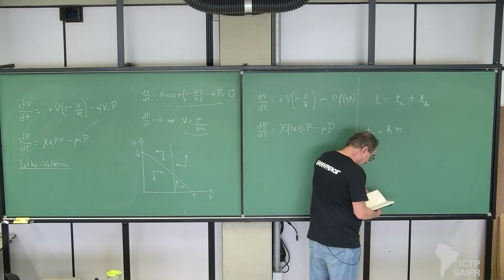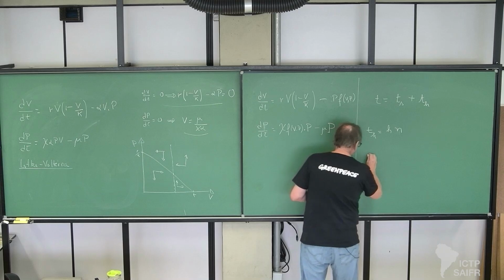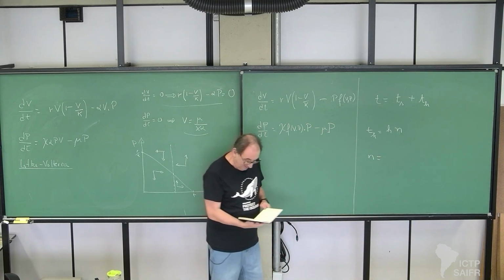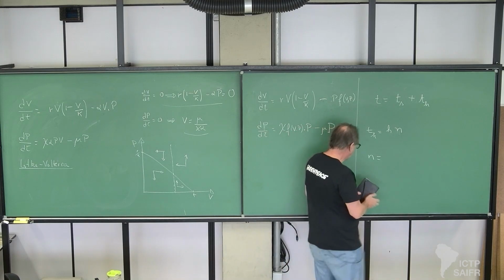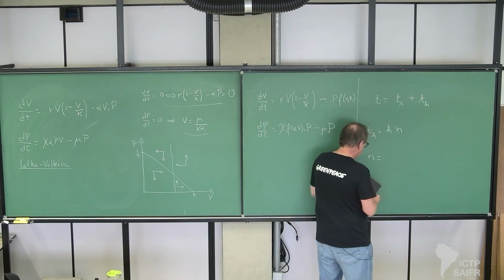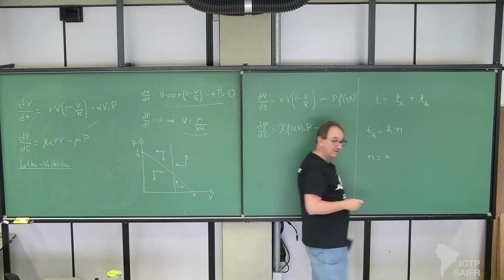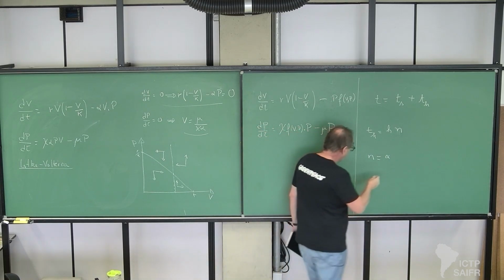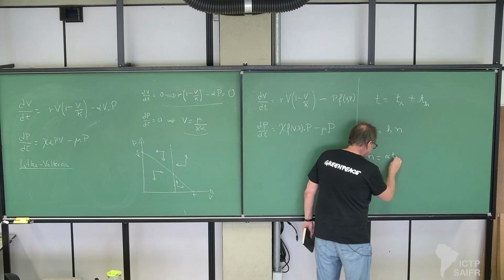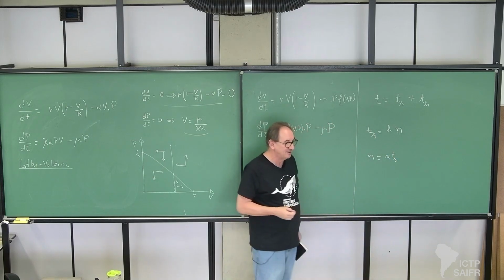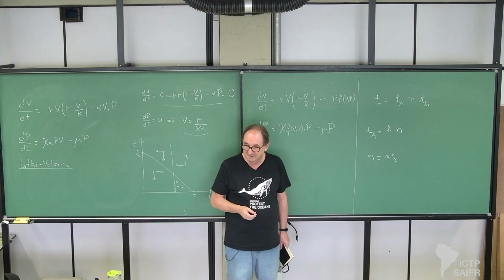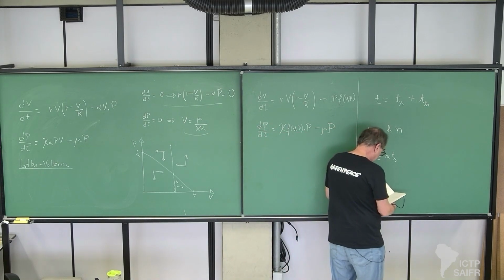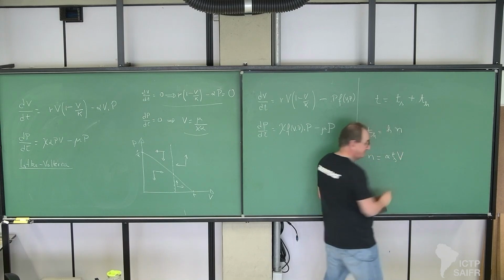On the other hand, the number of prey that is being consumed should be something like some constant, which we call alpha, times the searching time, times the number of total prey.